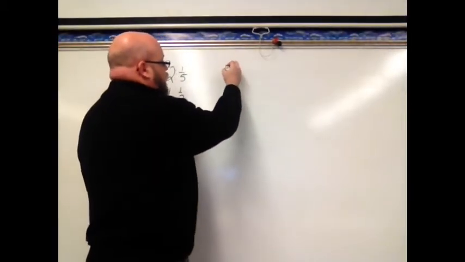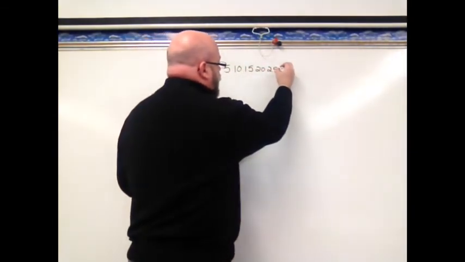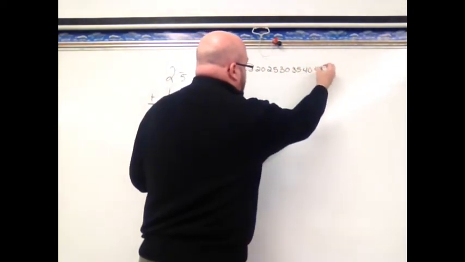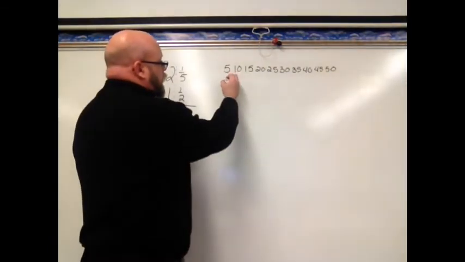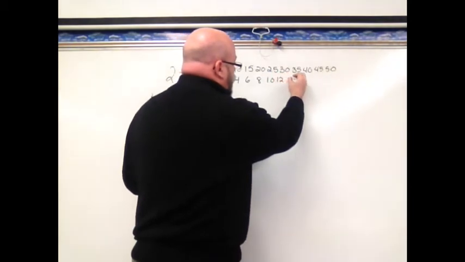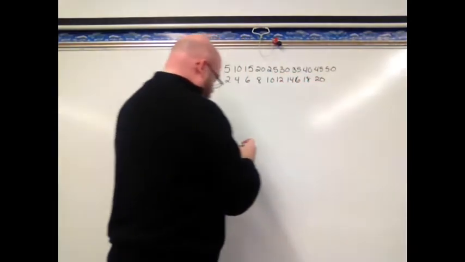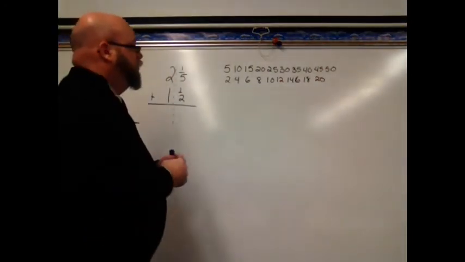Counting by 5s: 5, 10, 15, 20, 25, 30, 35, 40, 45, and 50. And then counting by 2s: 2, 4, 6, 8, 10, 12, 14, 16, 18, and 20. And then we go looking for those common multiples that 5 and 2 share.